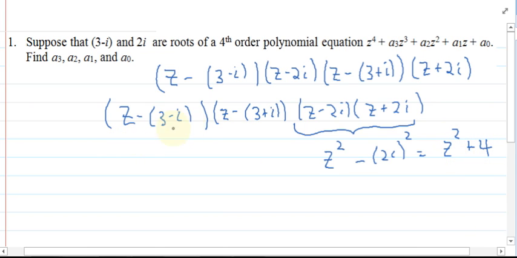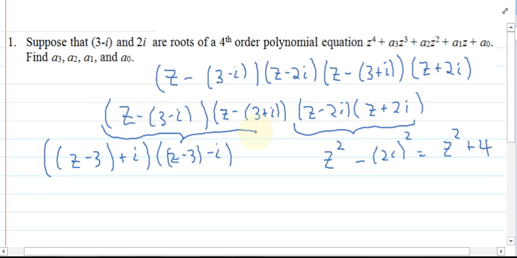Now this side, you can also put it in the form of a difference of squares. I can rewrite this as z minus 3 plus i times z minus 3 minus i.